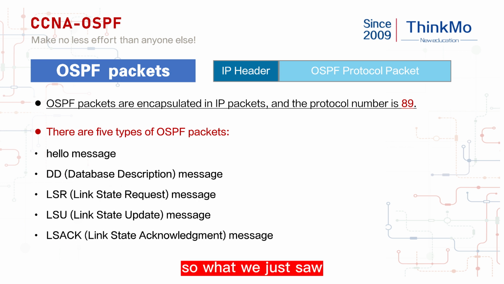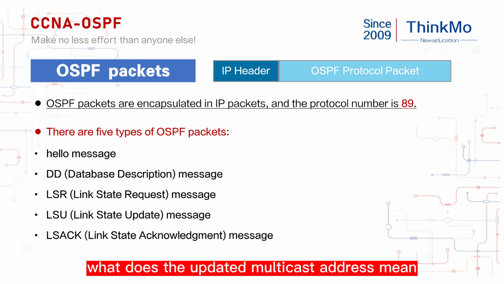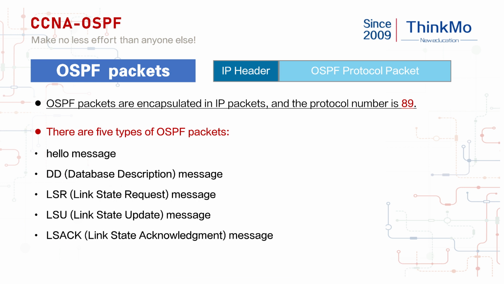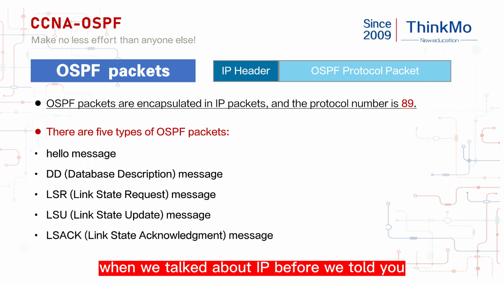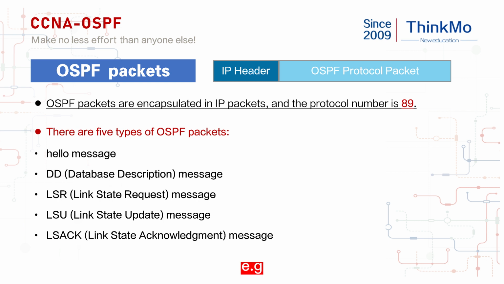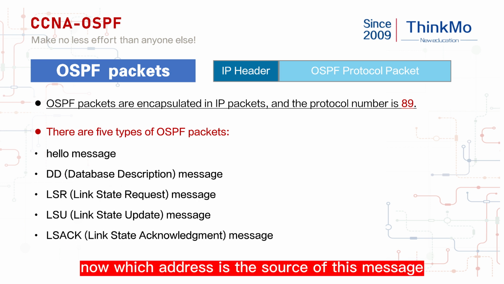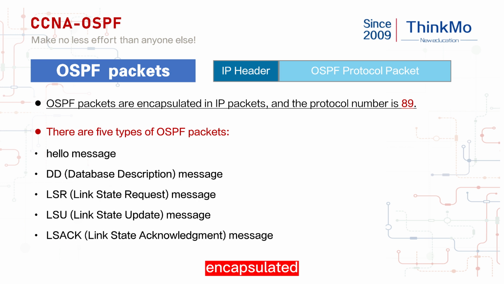So what we just saw, what does the update multicast address mean? Let's go with this picture. When we talked about IP before, we told you there are some important parameters in layer 3, for example source IP and destination IP. Which address is the source of this encapsulated message?